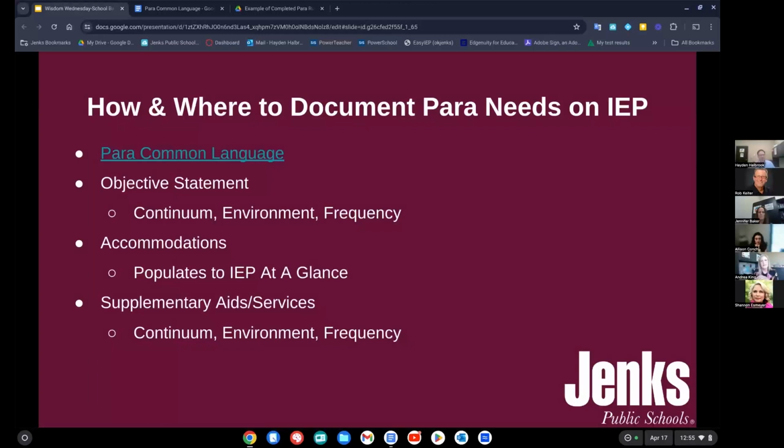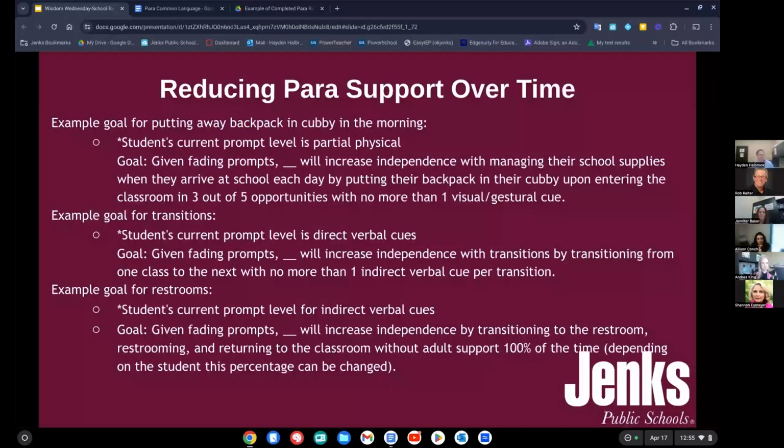So that's really helpful. So the objective statement, accommodations, and then also in the supplementary aids and services. And I know it's redundant and it's a lot, but just making sure that it's being documented and teams are consistent in providing that support for that student.